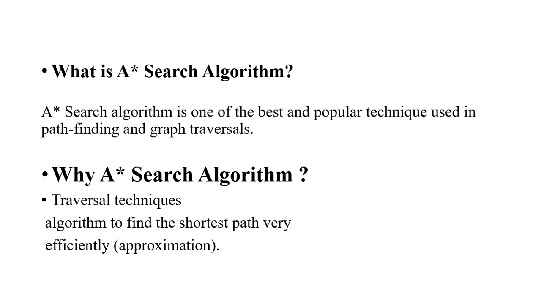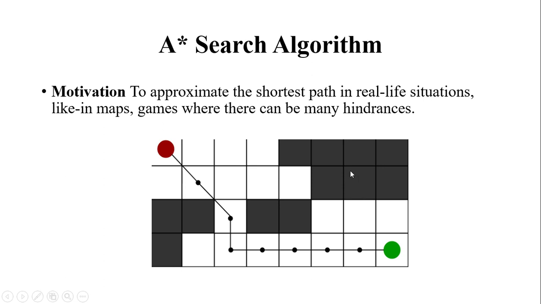This fact is clear in the sections below, and it is also worth mentioning that games and web-based maps use this algorithm to find the shortest path efficiently or approximately.